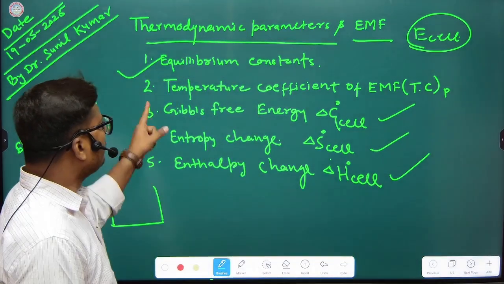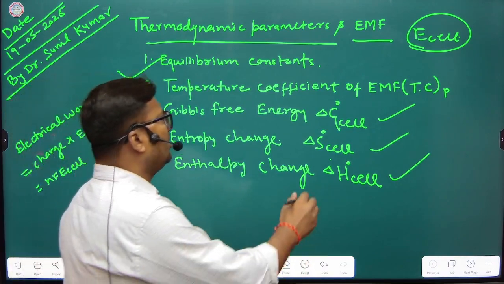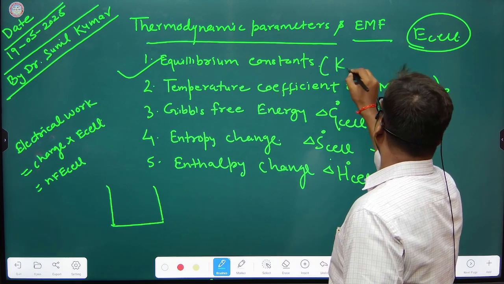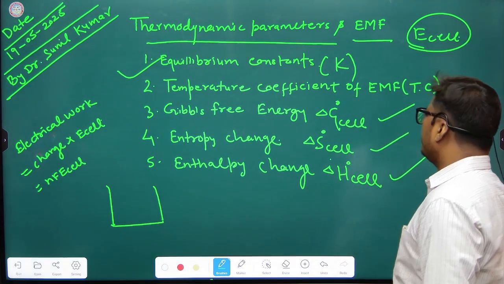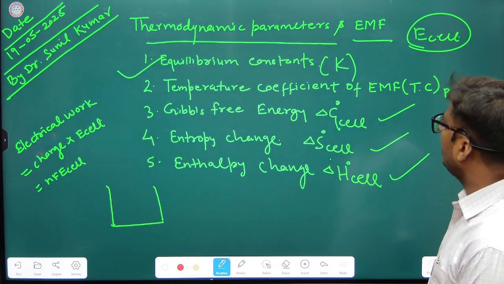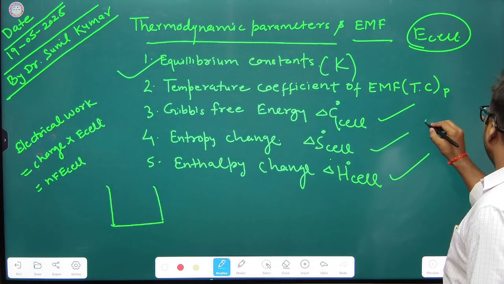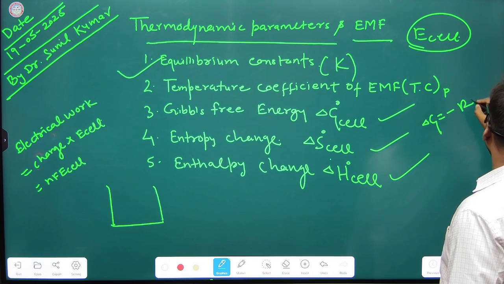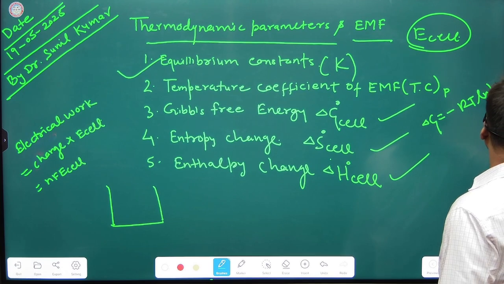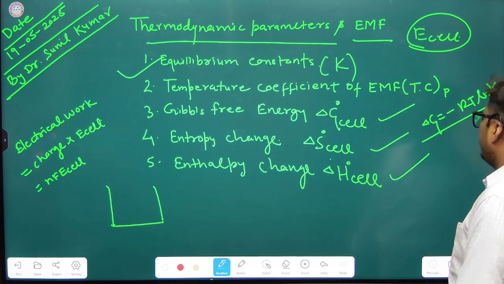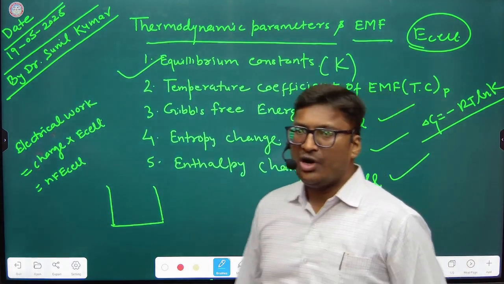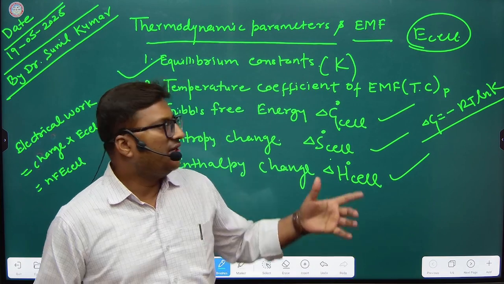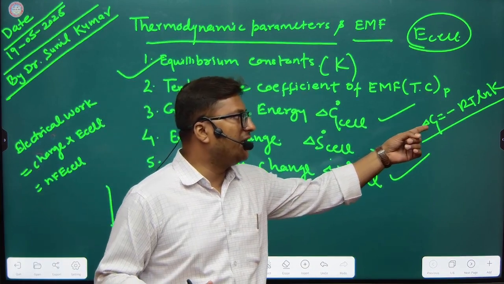Okay, so the equilibrium constant is abbreviated as K, right? In thermodynamics, what we have studied is that delta G is equal to minus RT ln K, right? The equilibrium constant is related to the change in Gibbs free energy.